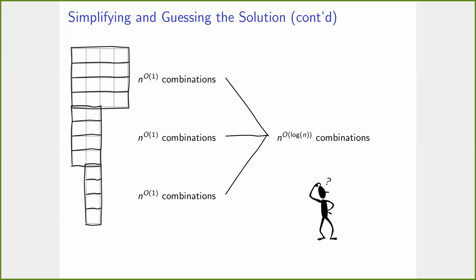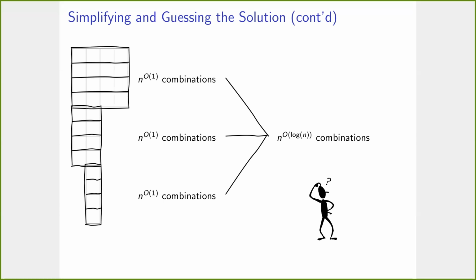But there's one more problem, namely, we need to do this somehow for each of these blocks, because of how the dynamic programming works. We would have to do all these polynomially many guesses for each of these blocks, and because of the exponential growth of the length of the rectangles, there can only be log n many of these group blocks, but still this would be quasi-polynomially many guesses.